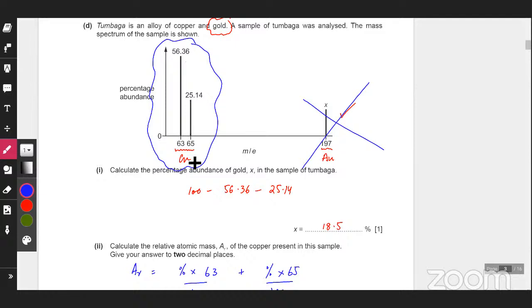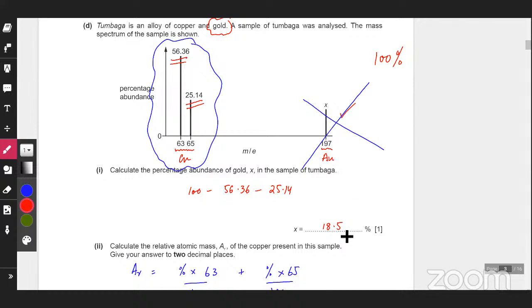Now there's one problem actually. This percentage, and this percentage as well, was calculated because it included gold. It wasn't out of 100% of copper; 100% was the entire thing. So 56.36% includes gold.